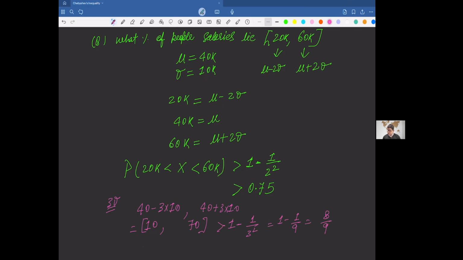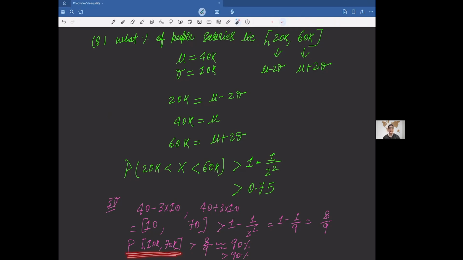So the probability that my salary lies between 10K and 70K is greater than 8 by 9, which is roughly 90%. And we know that 99.7% of people's salaries would have fallen in this range under a Gaussian.